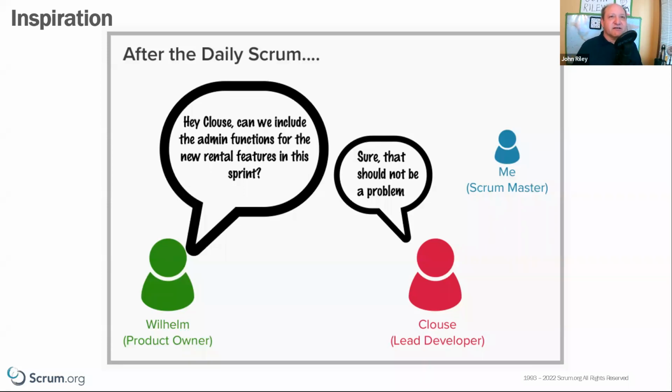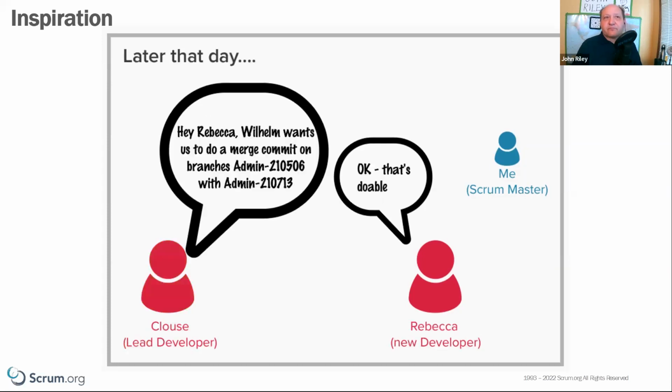I noticed a disconnect, and as a Scrum Master, I should have said something. The other thing I noticed is that these admin functions were not very specific in the sprint goal. The sprint goal was actually just a list of tasks that we wanted done. So I noticed that in planning.